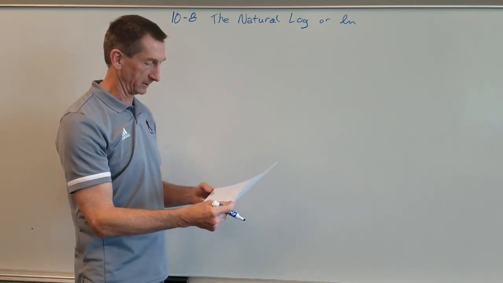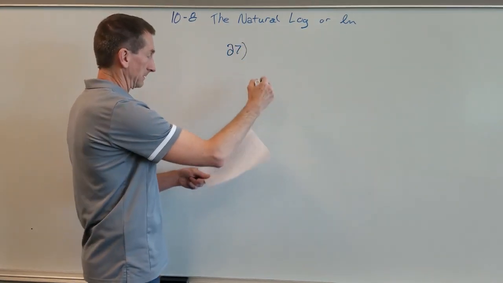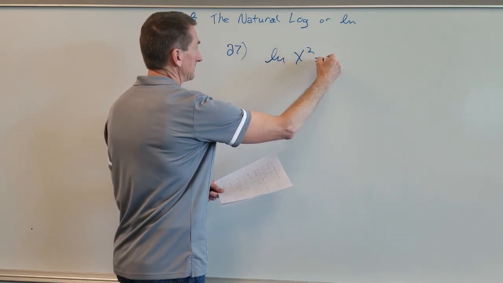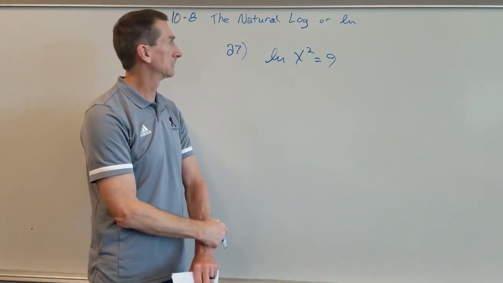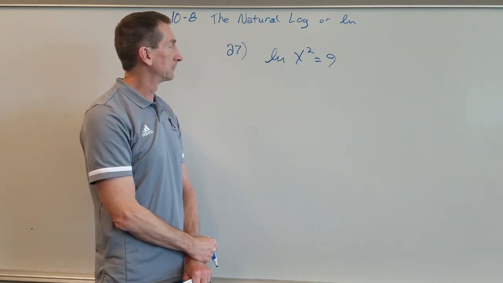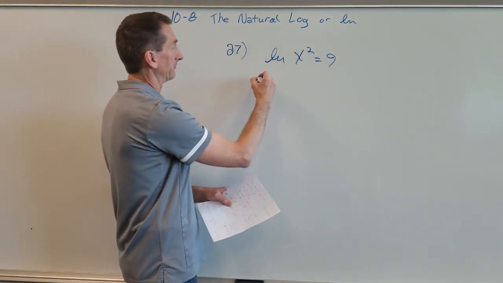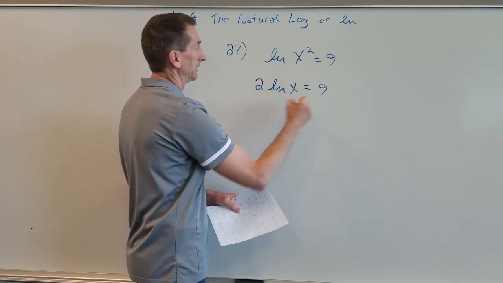Okay, something fun. Number 27. Natural log x squared is equal to 9. By the properties of logarithms, I can take that exponent up there and bring it out front. That'll give me 2 natural log x is equal to 9.